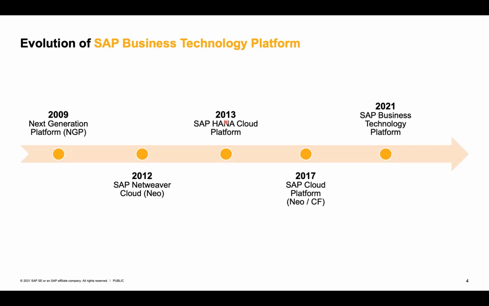Then just 1 year later, you see here SAP HANA Cloud Platform. So the first rebranding. And why did that happen? Again, some major changes in the product portfolio. Just before that, the HANA database was released, and it became more and more popular.